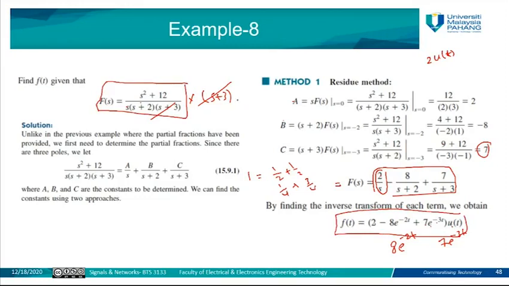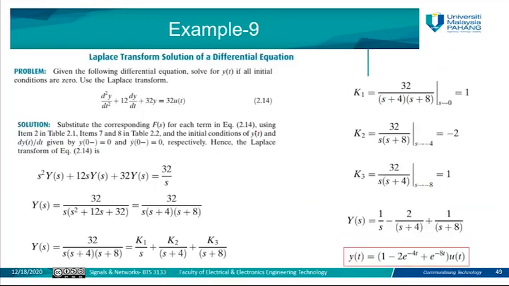So this is the first case, and we said the first case you have multiple or different poles with real values. The second case will be, and this is actually the same example, you can just go through. I will talk about this one because it shows you how to use the derivative property to solve this differential equation.